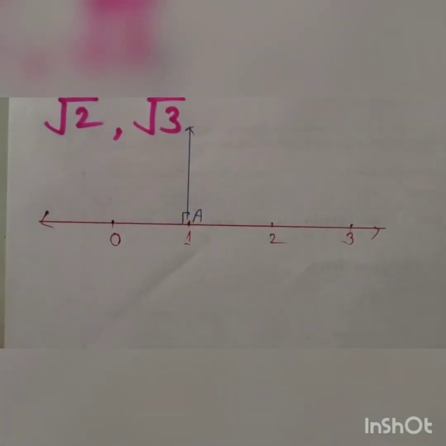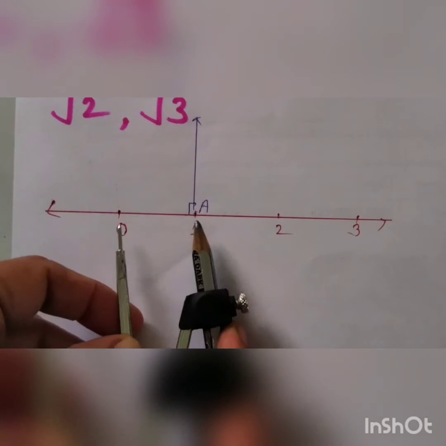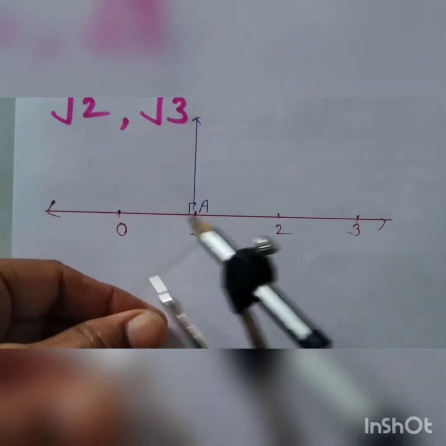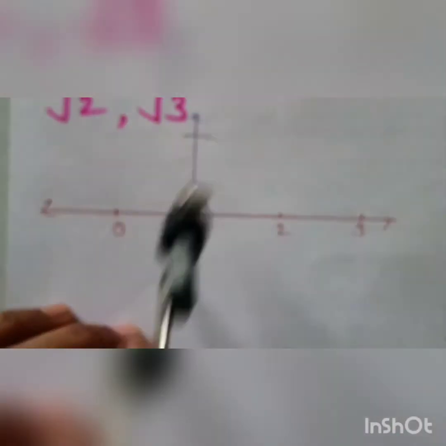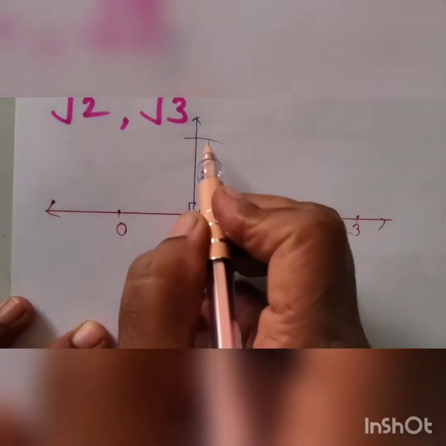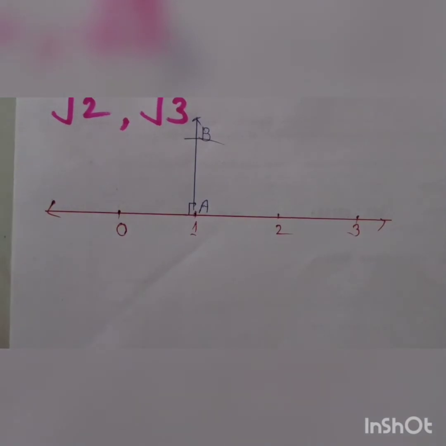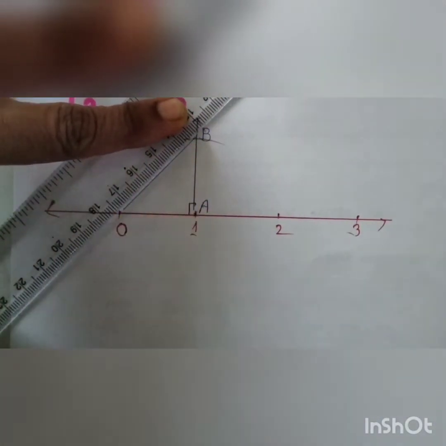Now taking a compass, measure the distance of 0 to 1 unit distance. Put your compass on point A. We obtain this mark. Say that point as B and join points O and B.